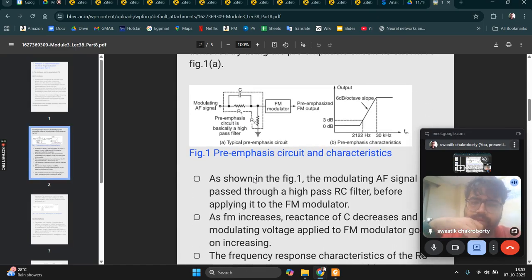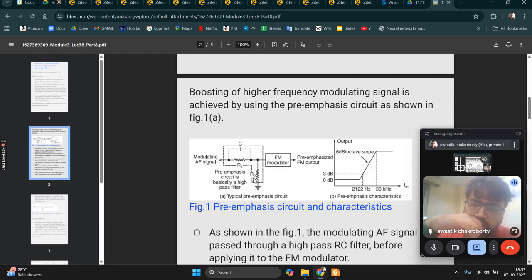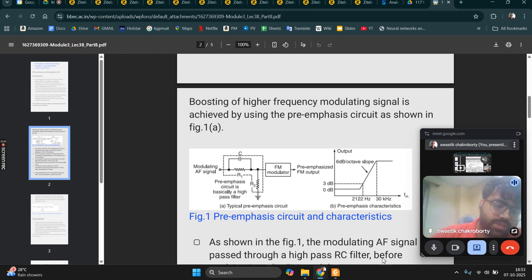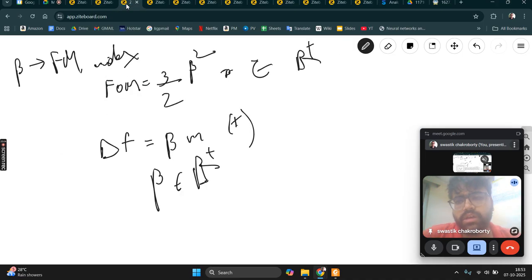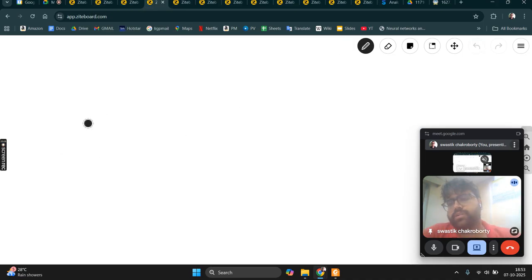So how do we implement a pre-emphasis filter? We implement a pre-emphasis filter using a high pass filter. A pre-emphasis filter is basically a high pass filter because we are boosting the higher frequencies.